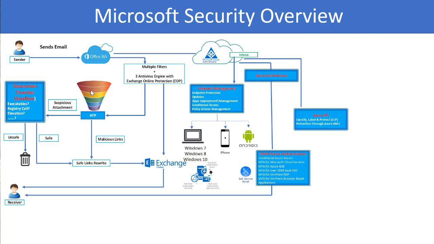Then comes Azure IPS as a part of Enterprise Mobility Plus Security, which uses an acronym called CLP, Classify, Label, and Protect. I am so impressed with this solution that I can't even mention it here enough. And the protection is provided through Azure RMS. Many of you are familiar with Azure RMS, which is Rights Management Services that you use for email encryption and whatnot.